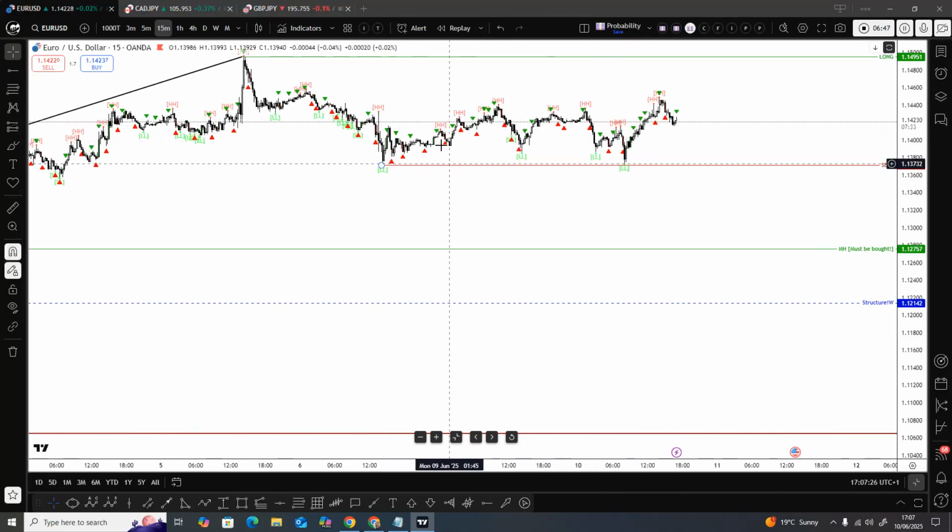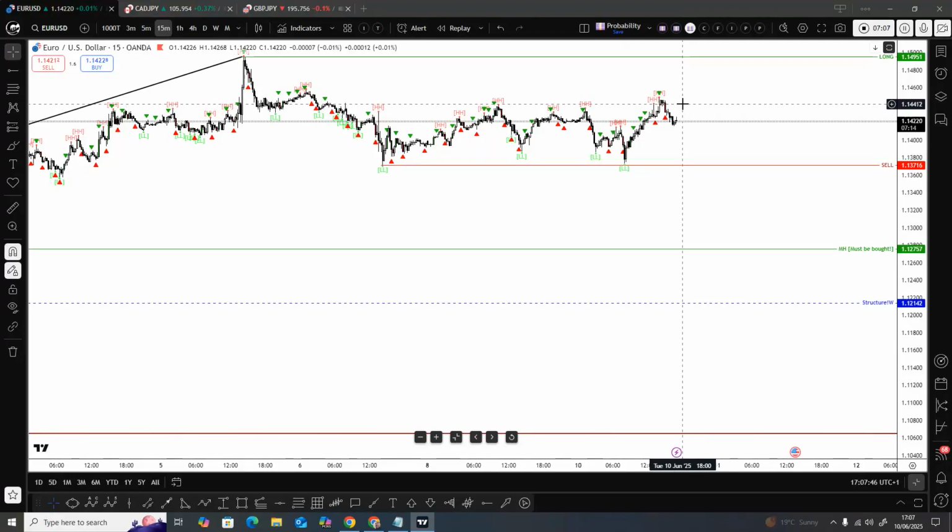So we are in a range basically. Okay, if you want to scalp, we can scalp this thing to the downside. If the price failed to take the 1.1448, the scalp is valid. That means we're going to be looking for or anticipating a lower high with this 15 minute move.